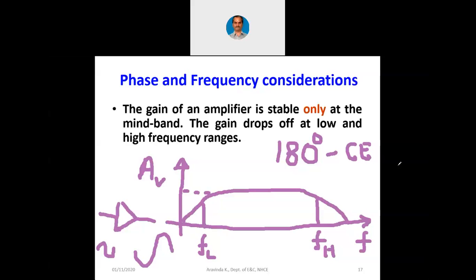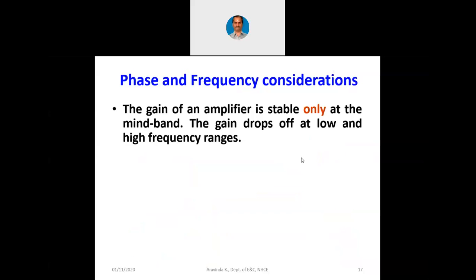At the other bands, even the phase is going to have its own non-ideal responses. That is the discussion here. Of course, it is a brief discussion, and I will not go into much more detail. So let me continue now.